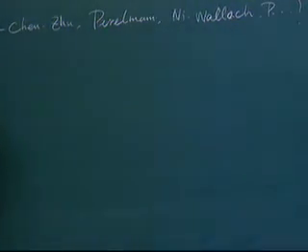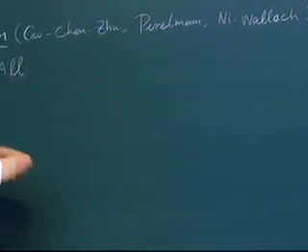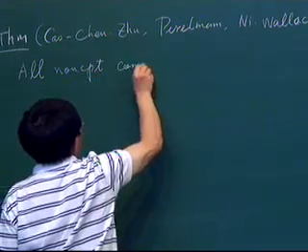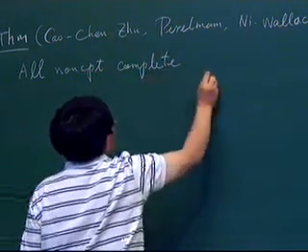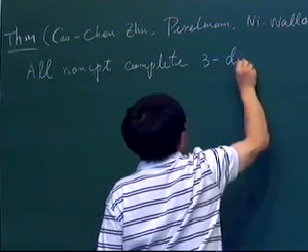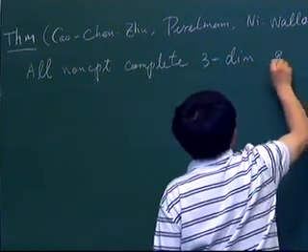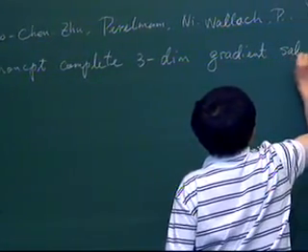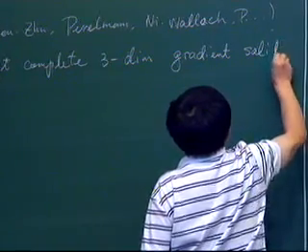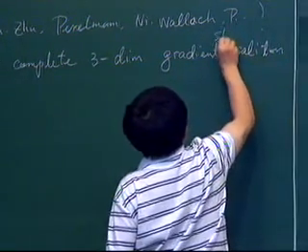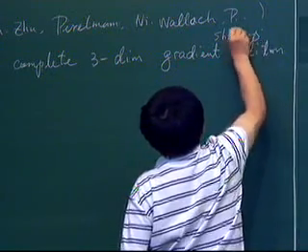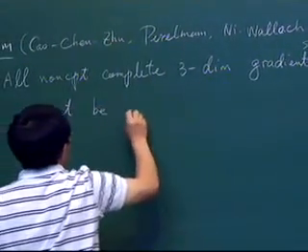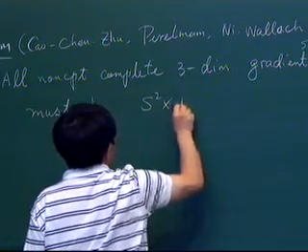Finally, the result is that all non-compact, complete, three-dimensional gradient shrinking solitons must be S2 cross R.